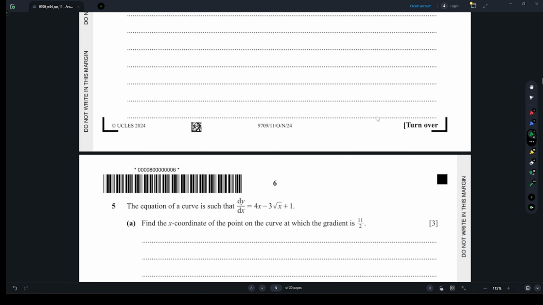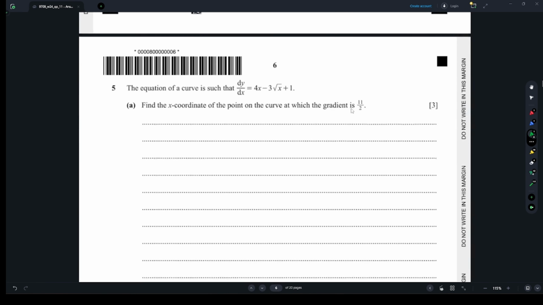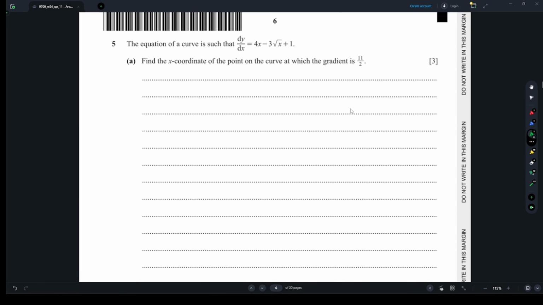Now we are moving to the fifth question. It has 3 points, so I would say focus and check how many points they are going to give you.